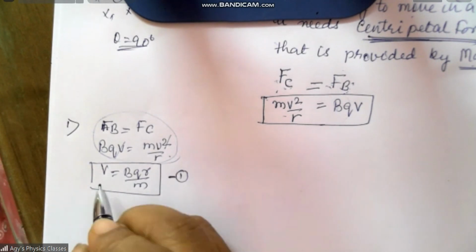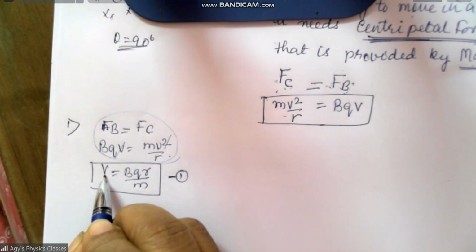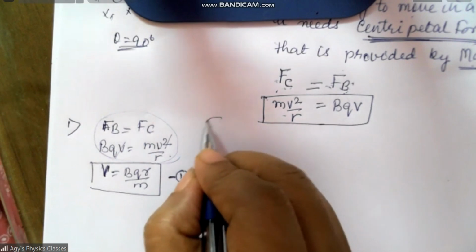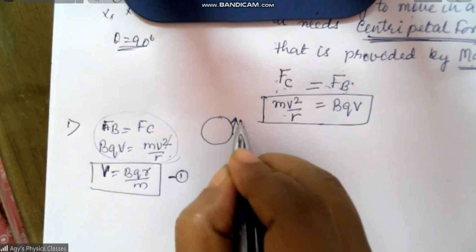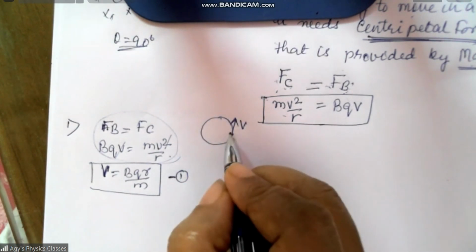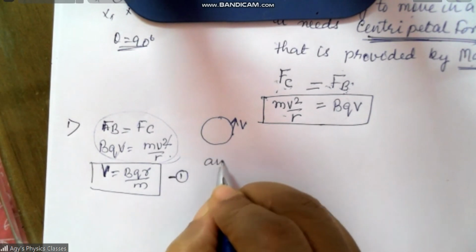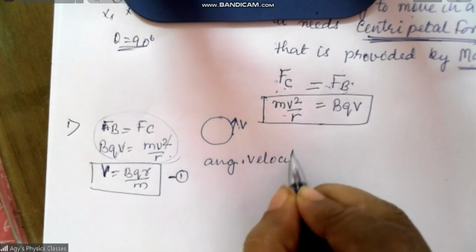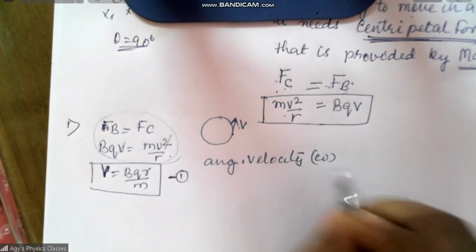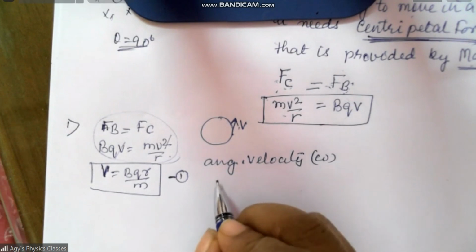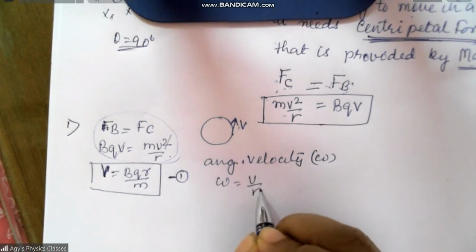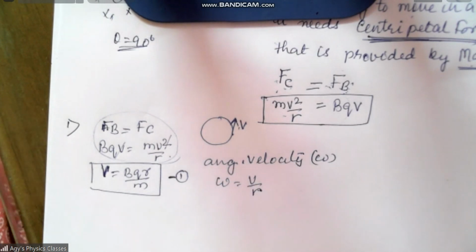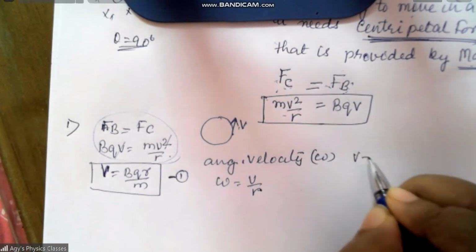If you know V, this is the linear speed, the speed with which it is moving. If so, what is angular velocity? Omega is equal to V by R, or V is equal to R omega.